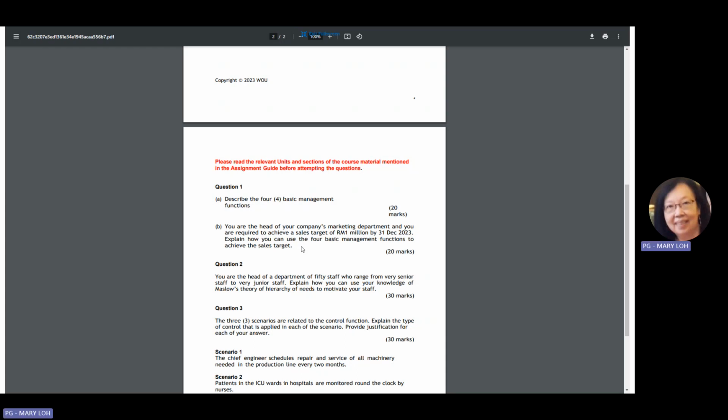So you are playing the role of the marketing manager. You have to say how you are going to carry out the 4 functions of management. So what if you did not relate to this scenario? You're going to lose marks. Simple as that. Very important, whenever you answer the question, you have to relate.